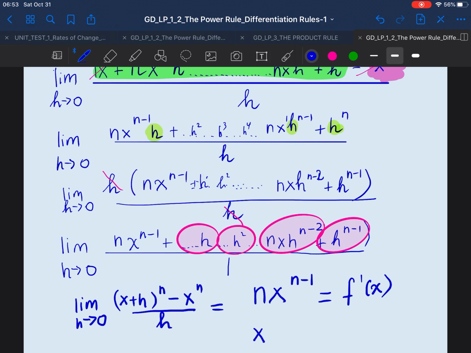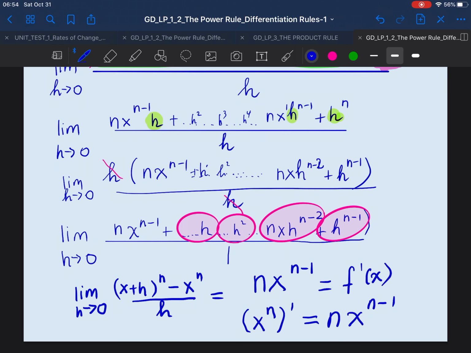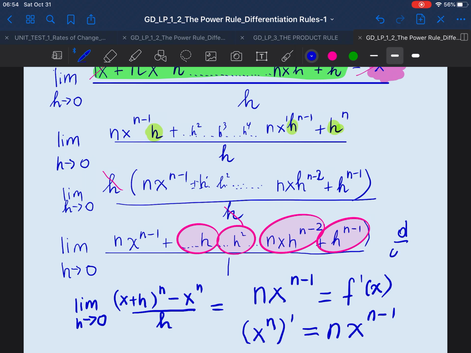We're going to say that the derivative of x to the power of n equals n x to the power of n minus 1. In Leibniz notation, we will say that d/dx of x to the n would equal n times x to the power of n minus 1. So, ladies and gentlemen, I introduce you now to the power rule proof, and this is the end of the story here.